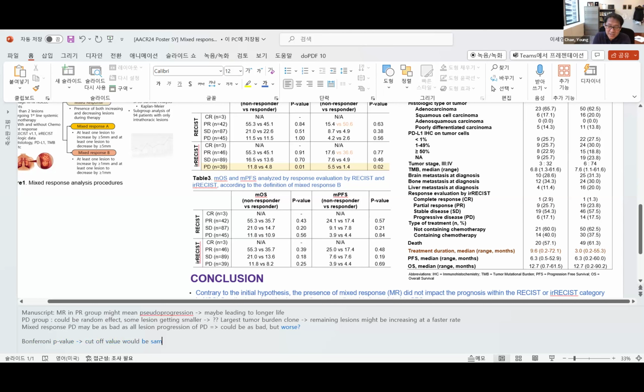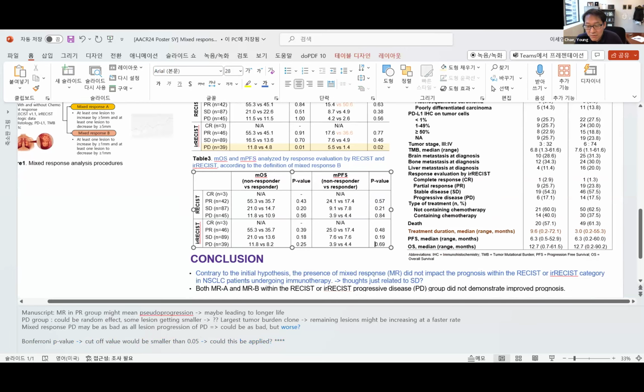So read about it and see if that can be applied. That way you can disregard the 0.01, 0.02 p-values in the IR subgroup, and that way you can still uphold the first sentence in your conclusion.